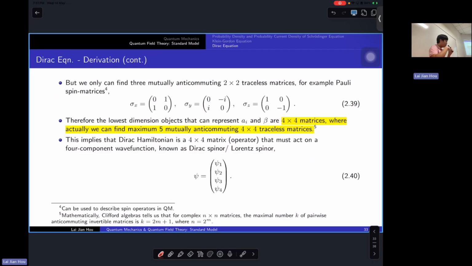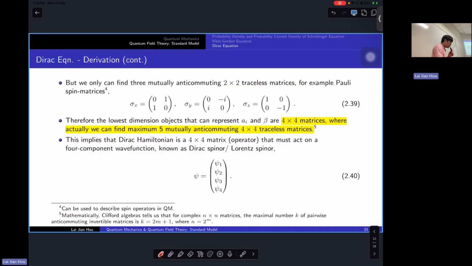So we move to the next one, which is 4 times 4 dimensions. And in 4 times 4 matrices we actually can find five mutually anti-commuting 4 times 4 traceless matrices. I think this one is related to Clifford algebra. I'm not sure how; I just have it so I include it.